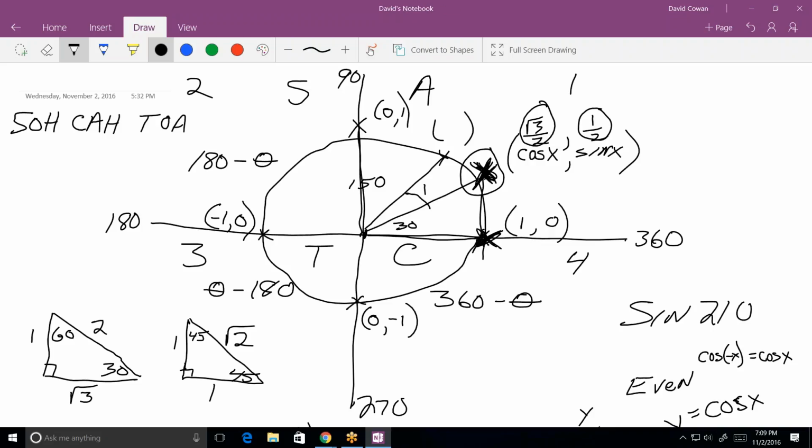Yep, so the cosine will be 1 over square root of 2. That'd be square root of 2 over 2. Yeah, you're going to want to give it like that. And what's the sine of 45? Opposite over hypotenuse, so that'll be the same thing, square root of 2 over 2. That's how they're going to want you to present the unit circle. It's not just knowing the angles, it's labeling the x and y coordinates at each slice.